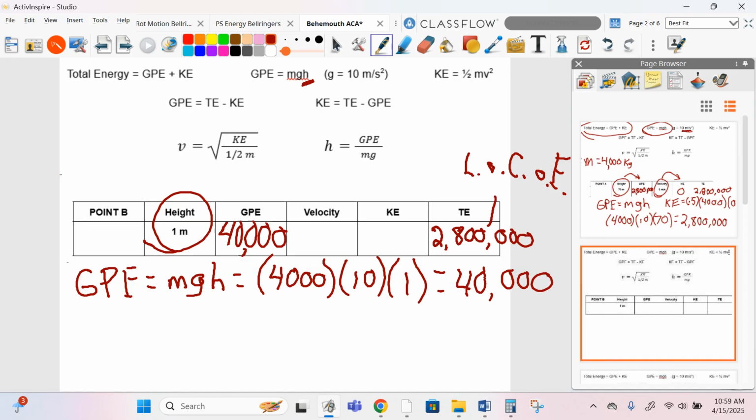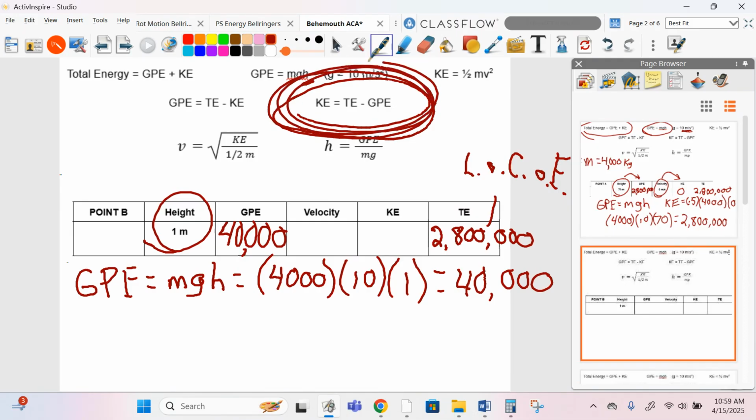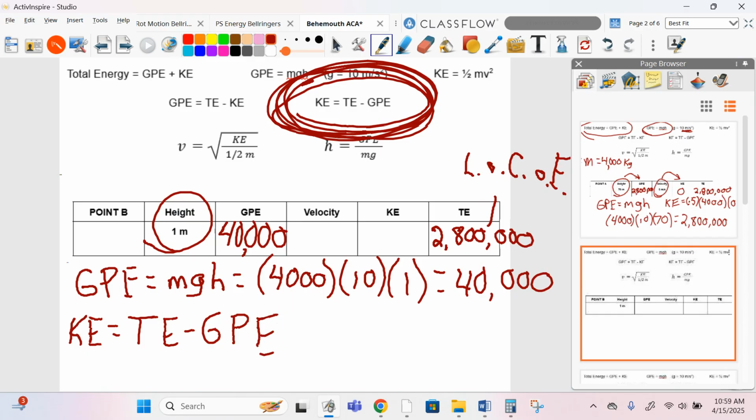Now, if the GPE is 40,000 and my total is still 2,800,000, how do I figure out how much is left for kinetic? That equation's right here. I'm going to take my total energy and subtract the GPE that I just calculated.